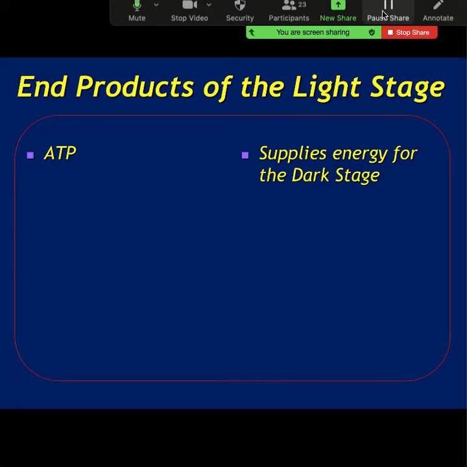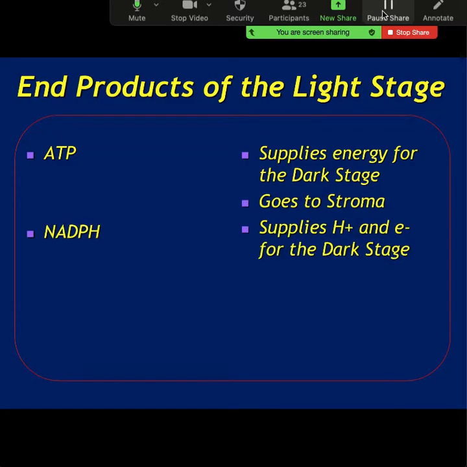ATP does energy always. NADPH supplies what? Energy, electrons and protons. Yep. So our ATP is going to supply energy for the dark stage, and that ATP is going to go to the stroma. The NADPH are going to supply protons and electrons for the dark stage, and again they are going to go to the stroma because that's where the dark stage happens.